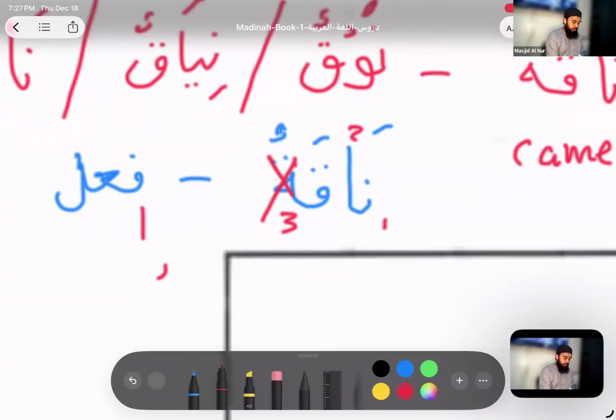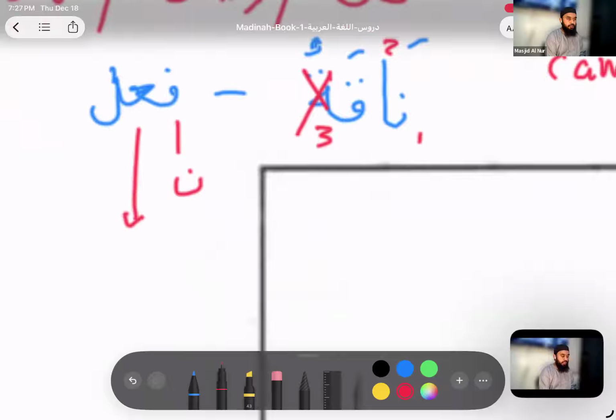So the fa will be noon. The alif: in dictionaries, if you're trying to look for the alif, you'll never find it as an alif. I've mentioned this in the past as well. How would you find the alif? Hamza? No. There are 2 other alternatives when you look for the letter alif in the dictionary.